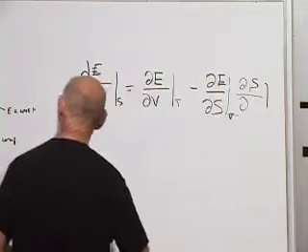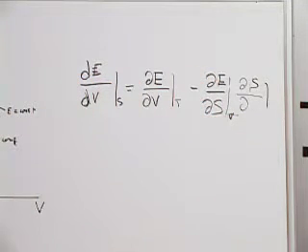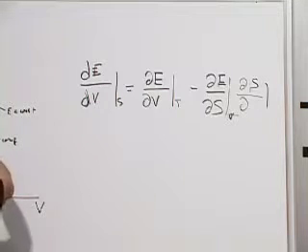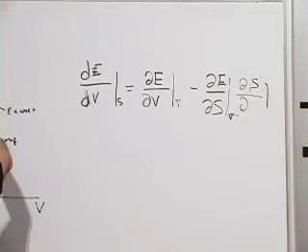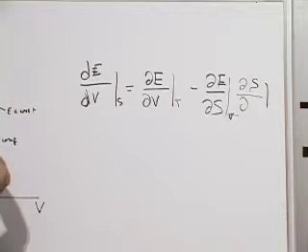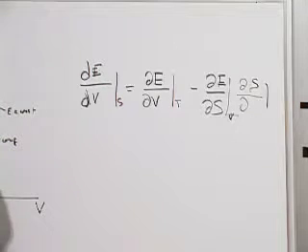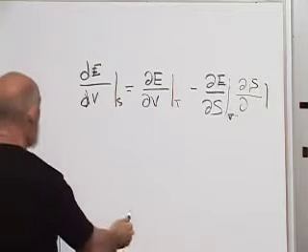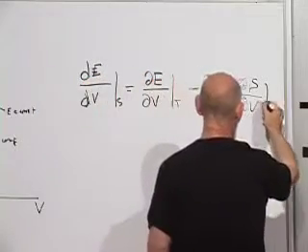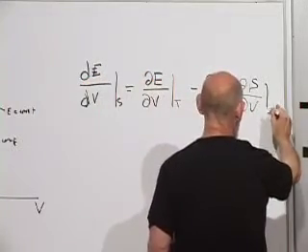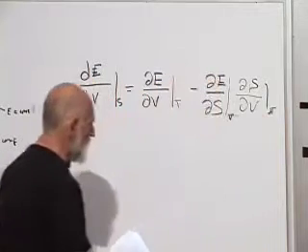You can only fix one of them. dE by dS at fixed volume times the change in S in going from here to here. The change in S going to here is dS by dV at fixed T. I have too many variables in my formulas.